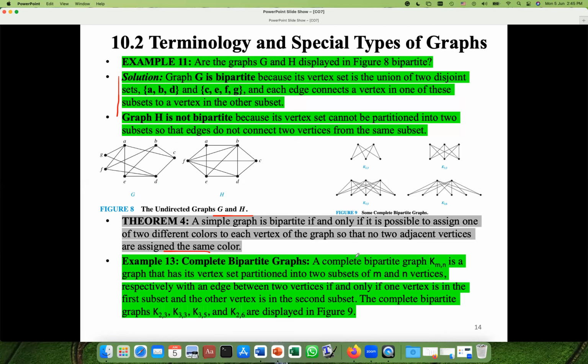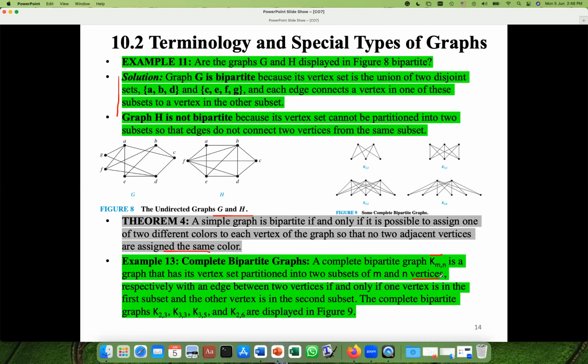So anyhow, it is written here that a complete bipartite graph, you can represent that graph with K_{M,N}, where this M and N is what? M is representing one subset, N is representing another subset. And these subsets will contain vertices, not anything else.